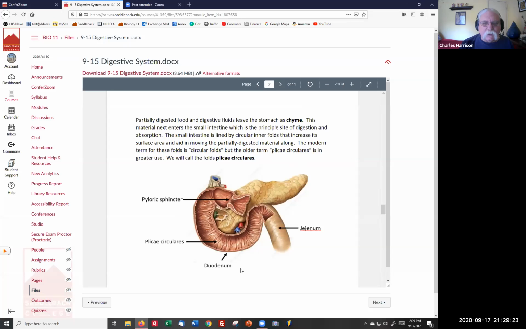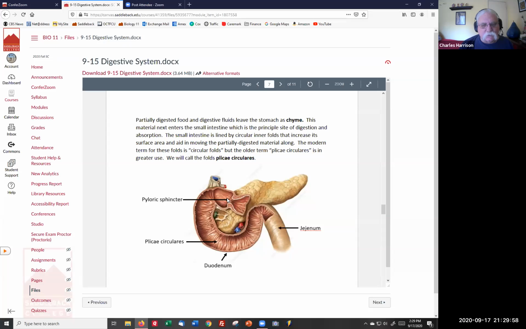Okay, repeating. Chyme is the digested, partially at least, digested food, leaving the stomach. The stomach's not shown here, just a little piece of the pylorus. And it goes through the pyloric sphincter. The diameter of the pyloric sphincter is such that it is the smallest opening that anything has to pass through in the GI tract. If it's going to get through the pyloric sphincter, it should be able to get through everything else.